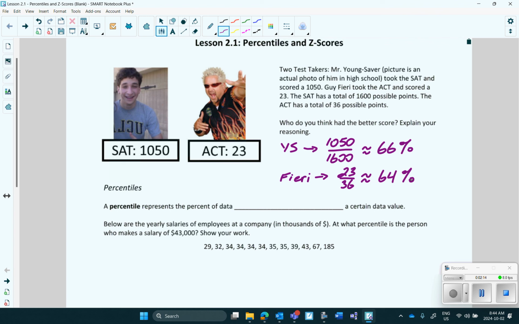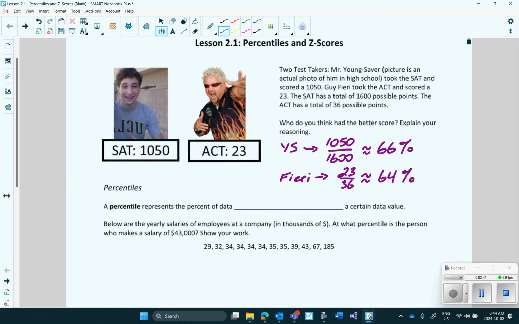Okay. But there are other factors at play that make these values not very accurate, because it all depends on how did everybody else do on that SAT? How did everybody else do on that ACT? And one way we can measure that is something called a percentile.